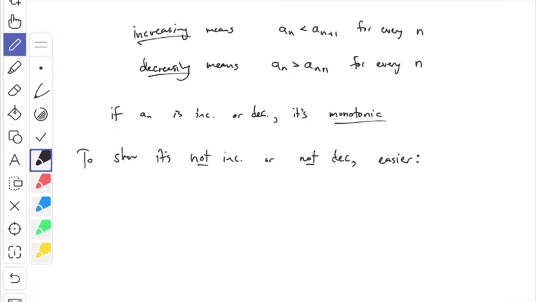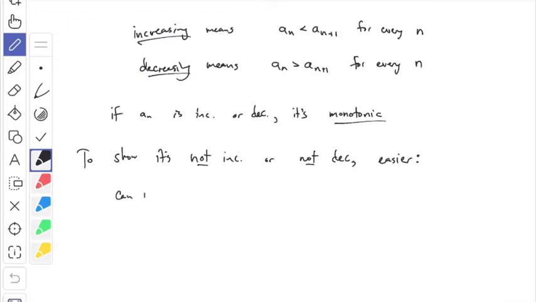But to show it's not increasing, all you would have to do is find one particular place where it gets smaller, from one term to the next. Increasing means it gets bigger every time. If you want to show it's not increasing, all you have to do is demonstrate one specific time when it does not get bigger. So to show it's not increasing or not decreasing is easier.